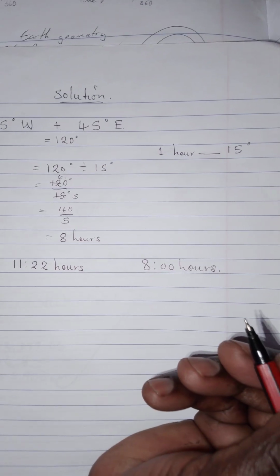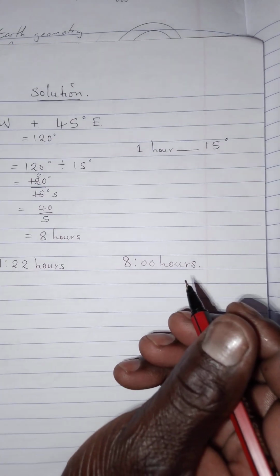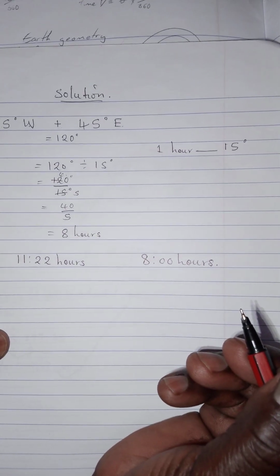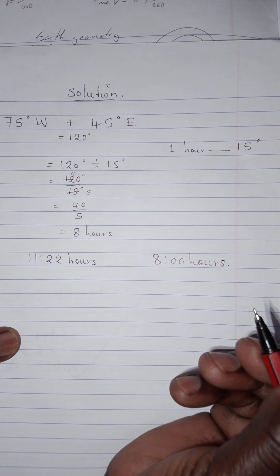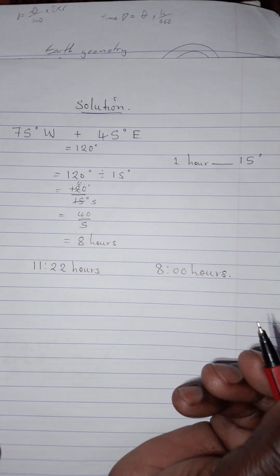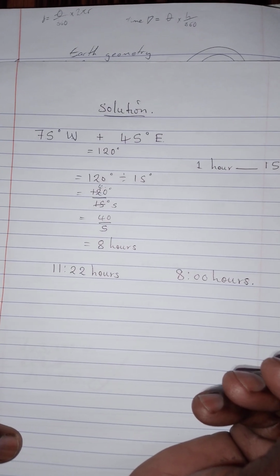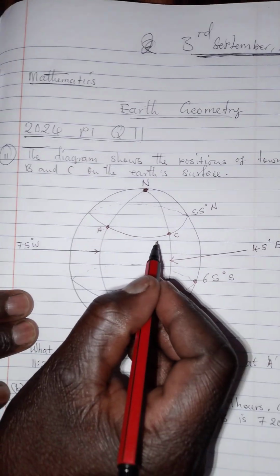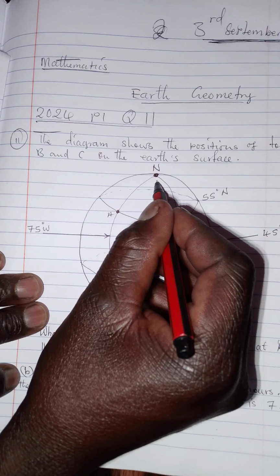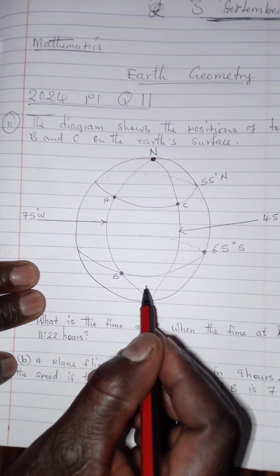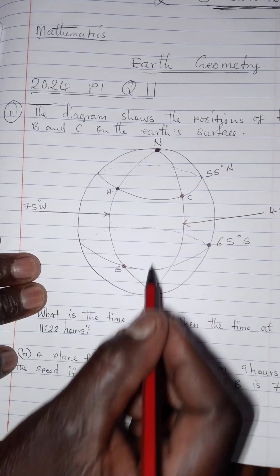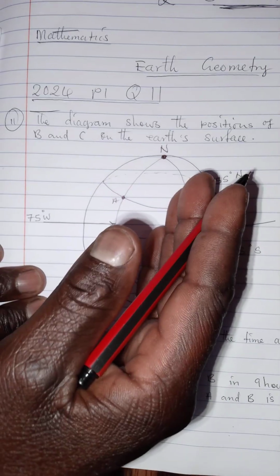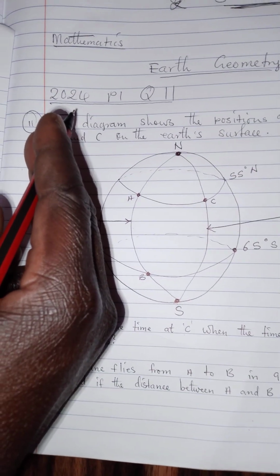Now, my question is, are we going to add or to subtract so that we find the time at C? How are we going to know that we need to add or subtract? Let's go back to the diagram. We have a line which cuts the earth into two hemispheres from north to south. That line we call the Greenwich Meridian. So when we are going westward, we are decreasing.